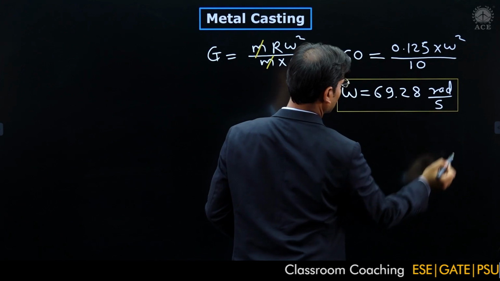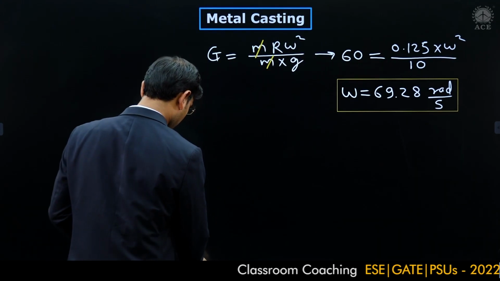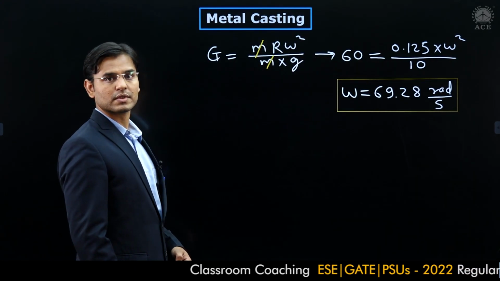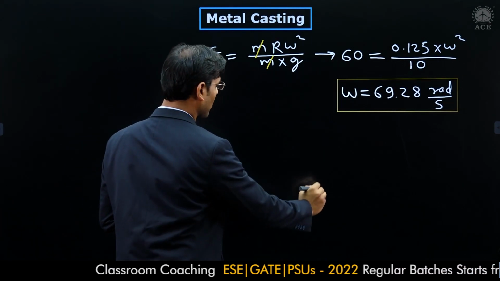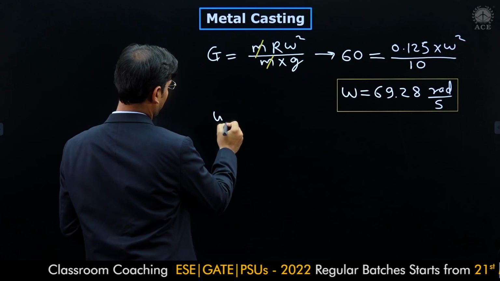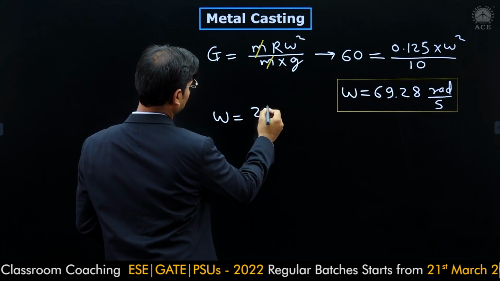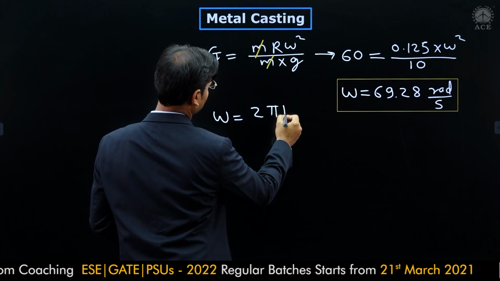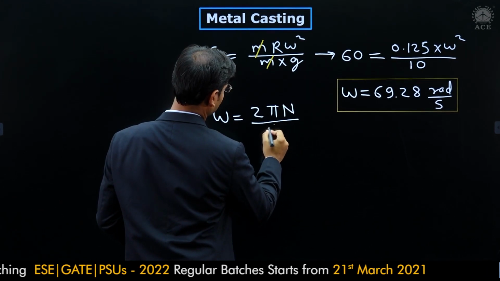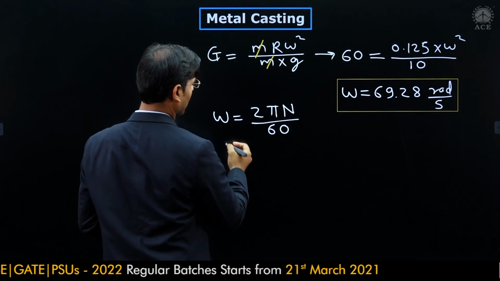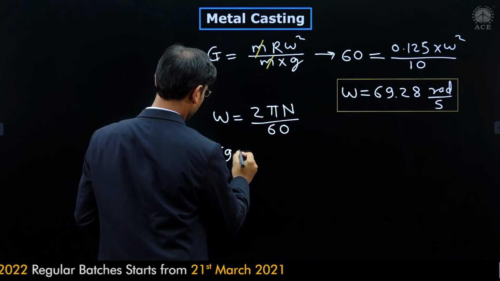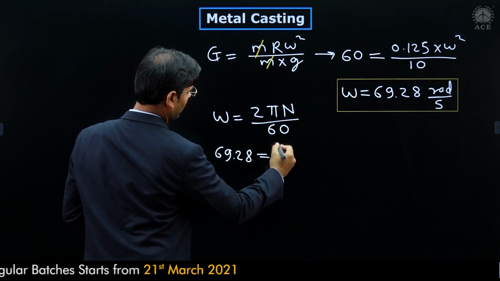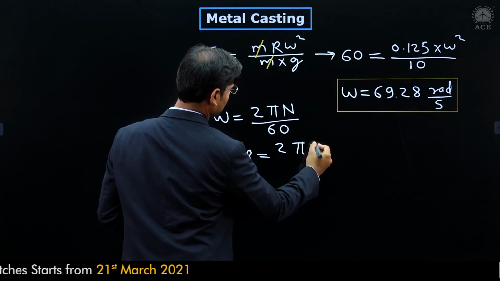Yeah, but what we have to calculate? We have to calculate the value of capital N. Now I am writing the formula for omega, 2 pi N by 60. Here, put the value of omega, that is 69.28, is equal to 2 pi N by 60.